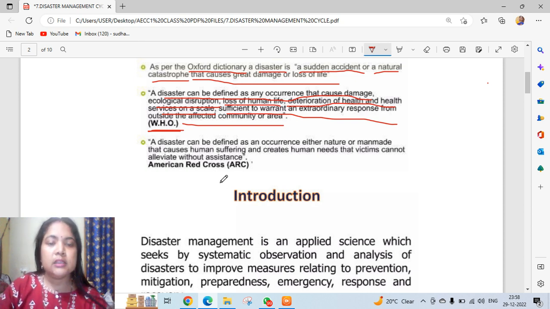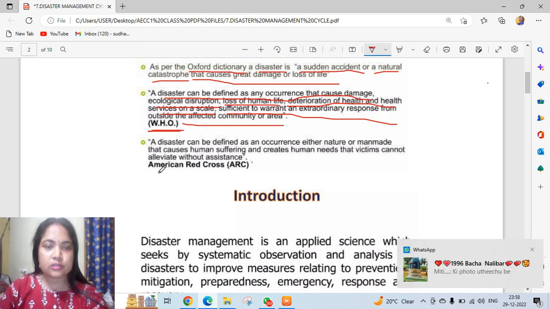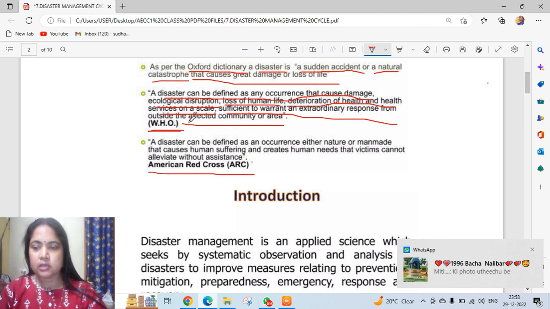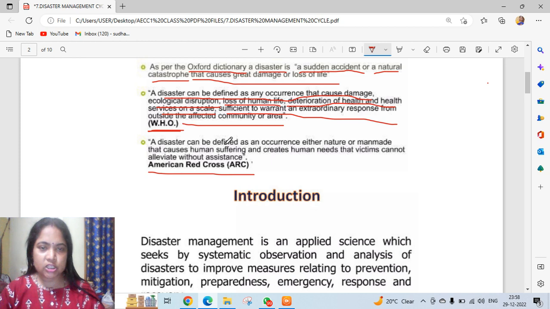Then the American Red Cross defined disaster as an occurrence either natural or man-made. We have already discussed the types of disaster, those are either man-made or natural, isn't it?